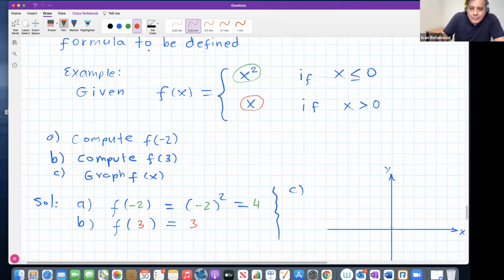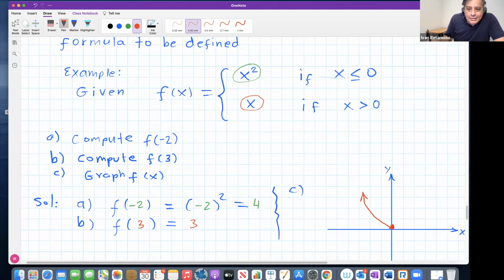Completely. But we don't need this completely. We need just part of it. So we need the parabola up to here, right? There we stop. We don't need this part. Only for x less than or equal to 0.